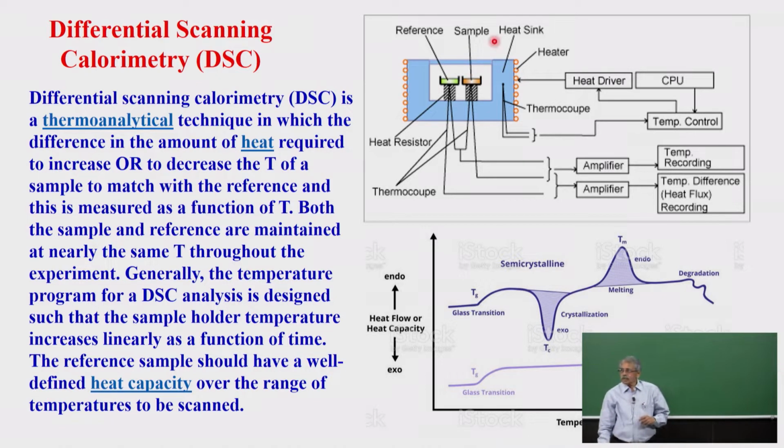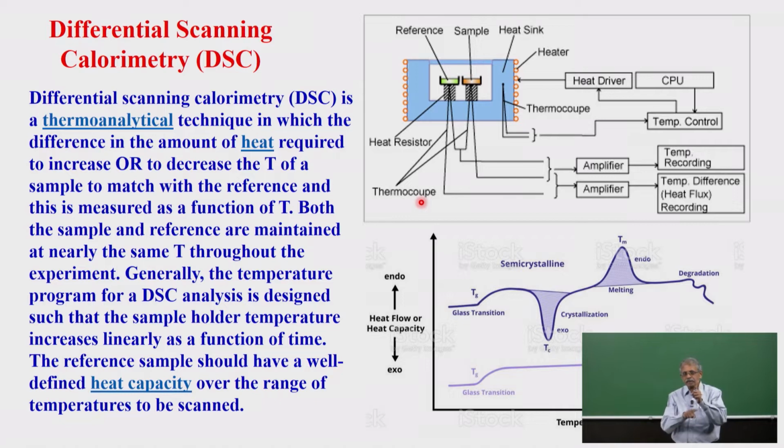You can look at whatever I mentioned in words in terms of the configuration here. You have a reference, you have a sample, and all of these are put into some kind of a chamber, where there is a heating system with a thermocouple. Using the thermocouple you can heat both of them, the entire system, with the same temperature.